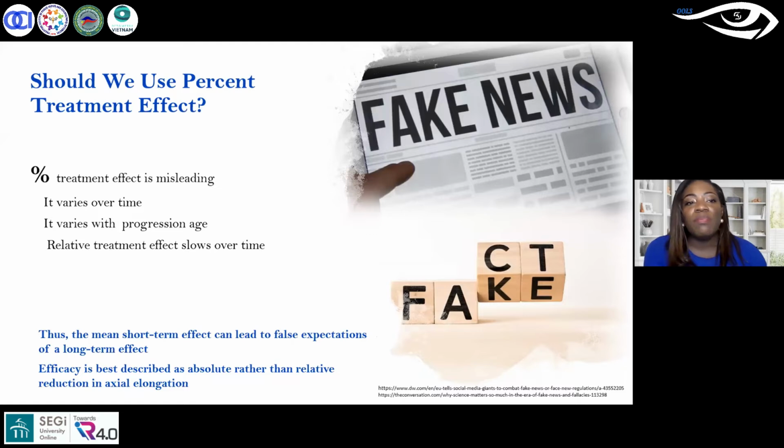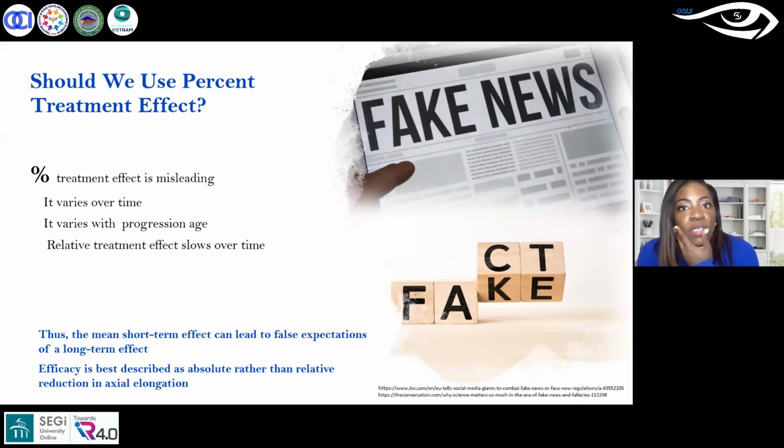Now, should we be using percent treatment effect? As you saw, I was using percent treatment effect, and we are going away from that because percent treatment effect is misleading. It can vary over time, and the treatment effect, as we know now, varies based on the patient's age. Also, the relative treatment effect slows over time. Mostly, a lot of it is happening in the first year.